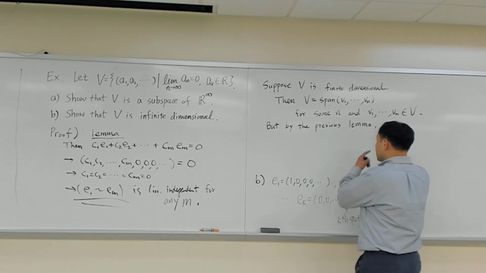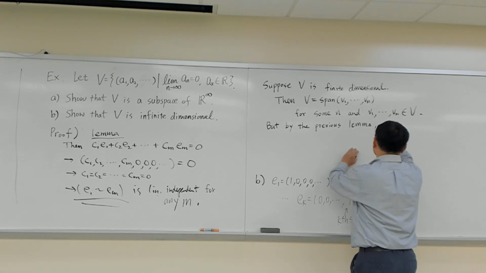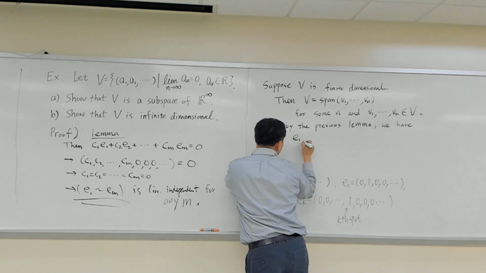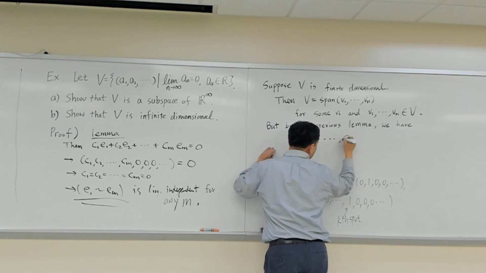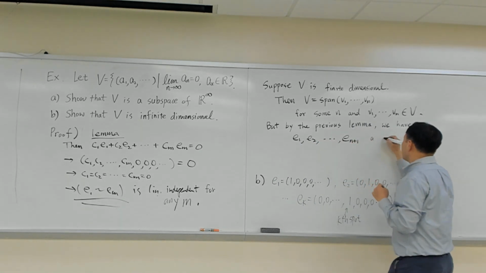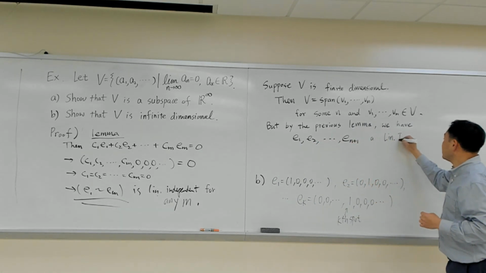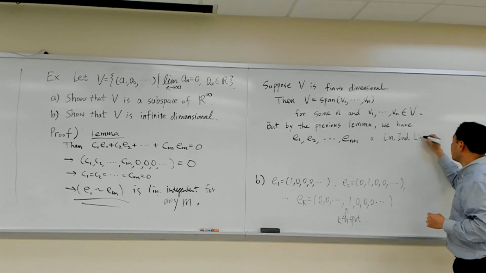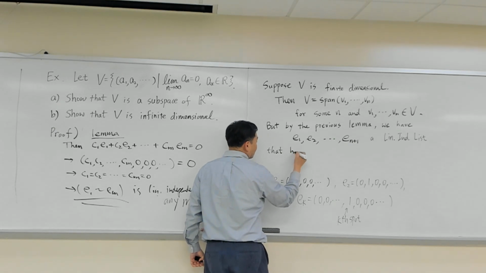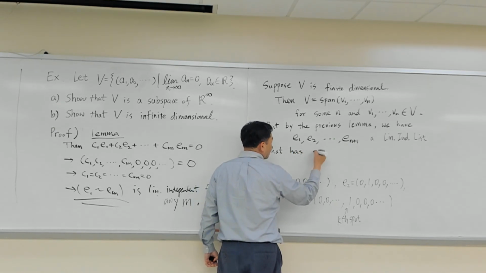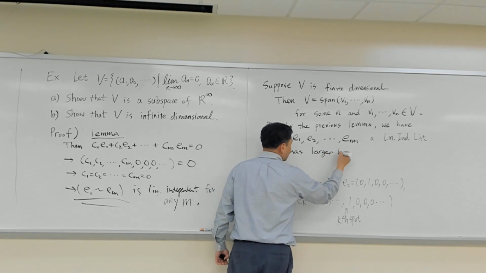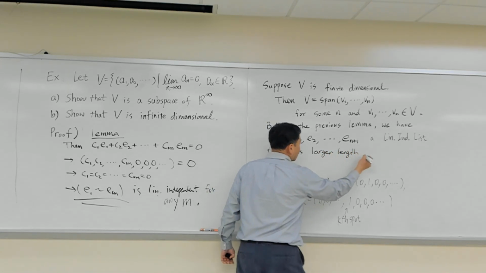We have E1, E2, and so on, up to E(n+1), a linearly independent list that has larger length than n.